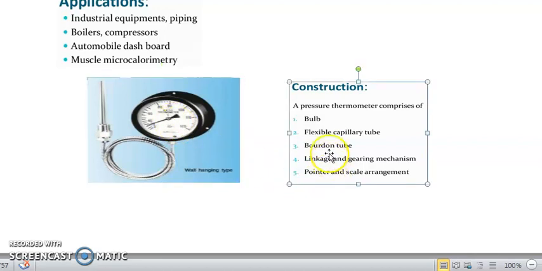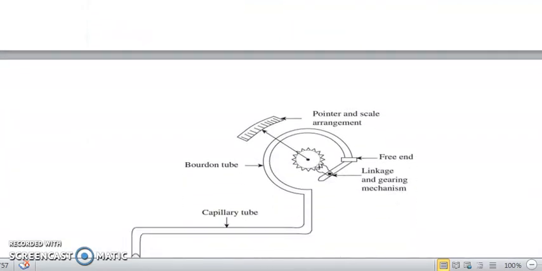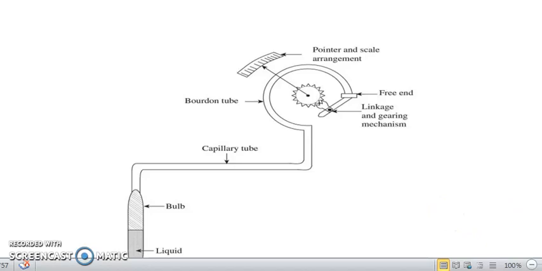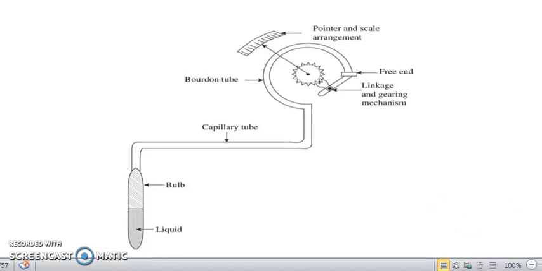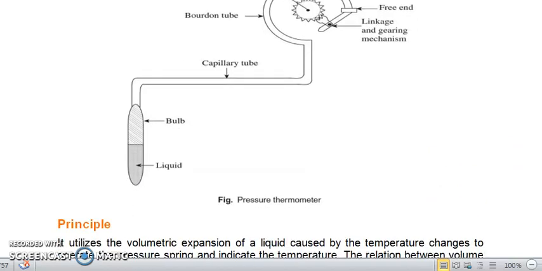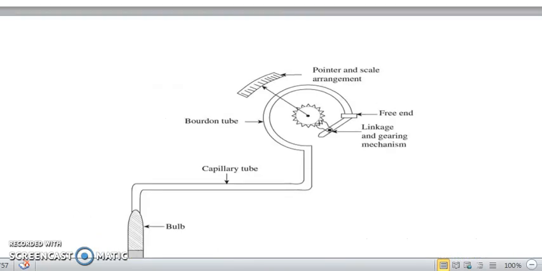So all these five are the construction parts of this vapor pressure thermometer, and this is the schematic diagram of it. Okay, so that you have to learn.